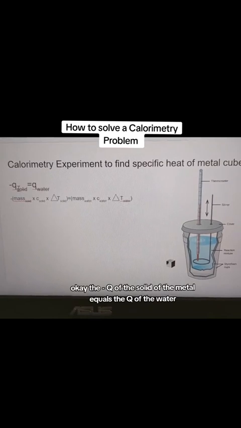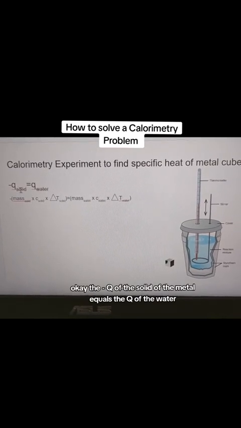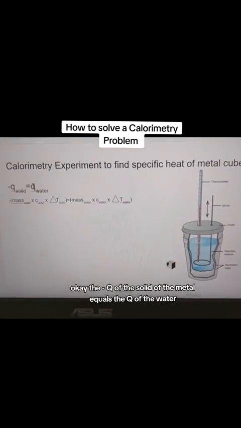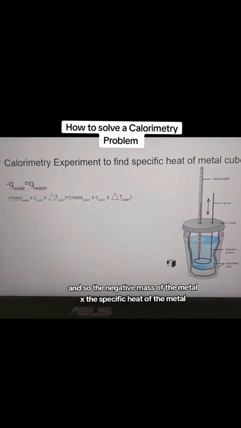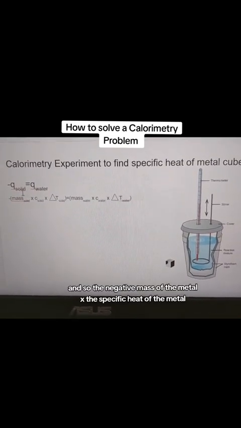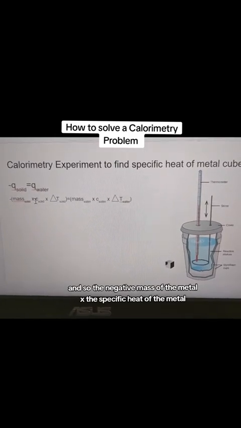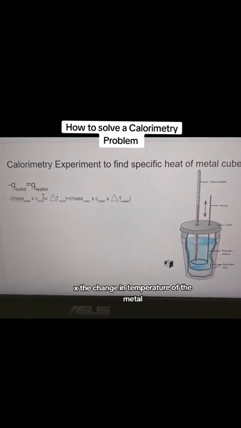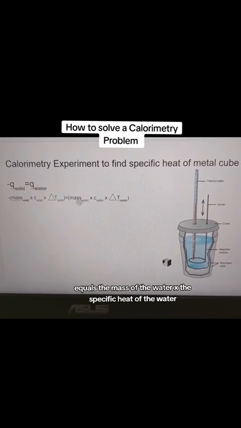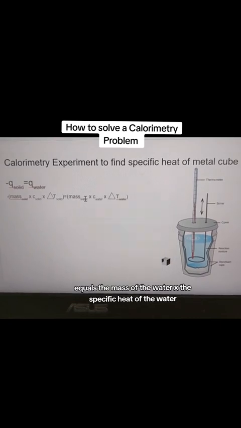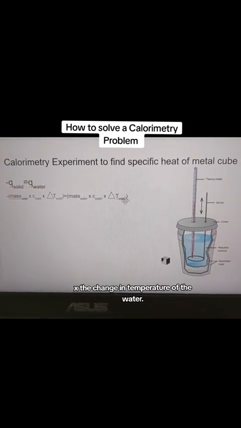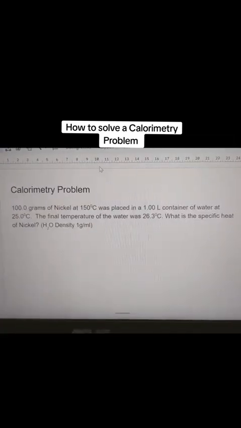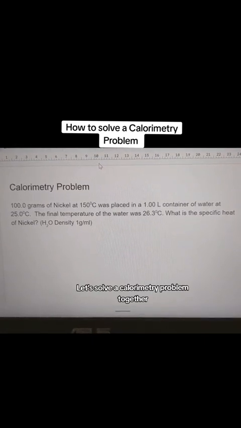Okay, the negative Q of the metal equals the Q of the water. And so the negative mass of the metal times the specific heat of the metal times the change in temperature of the metal equals the mass of the water times the specific heat of the water times the change in temperature of the water. Let's solve a calorimetry problem together.